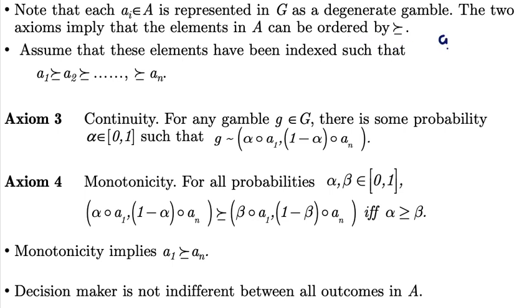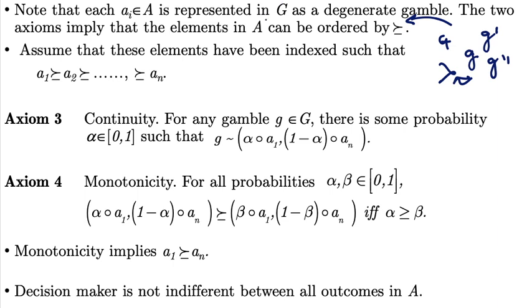If we have G, G prime, G double prime, you can order them based on the preference relation using this. If you have the equal sign, it is weakly preferred. If you don't have the equal sign, then it is strictly preferred, isn't it?